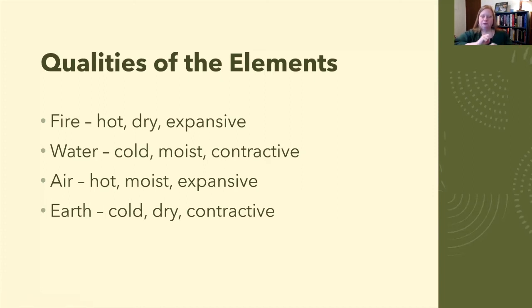And again, that cold, dry, contractive quality gives it the solidity of an actual clod of earth or a stone or something like that. And again, remember that these are the essences of the elements as opposed to a more generic description of an element.